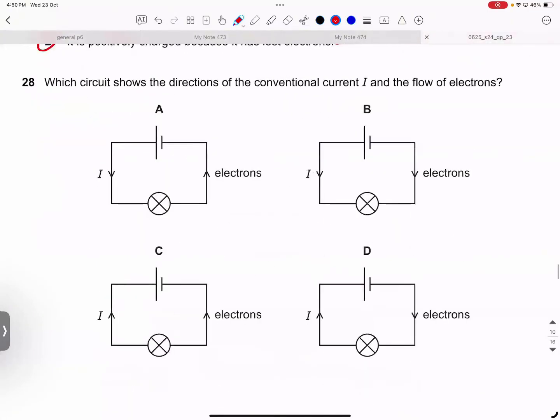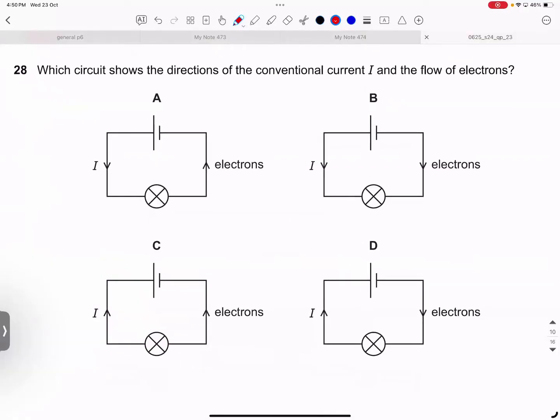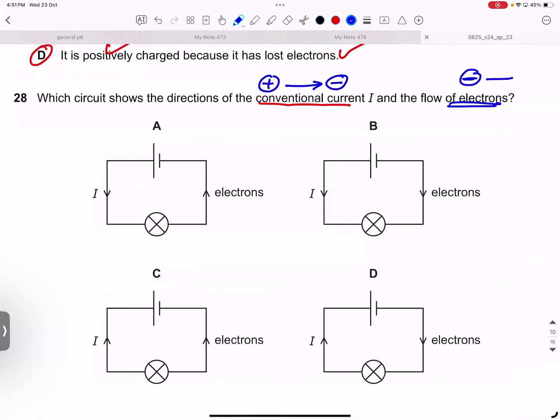Question number 28. Which circuit shows directions of conventional current? Stop here. Conventional current always starts from positive and goes towards negative. Electrons move from negative and go towards positive. So conventional current, I, from positive. Longer line of a battery is positive.